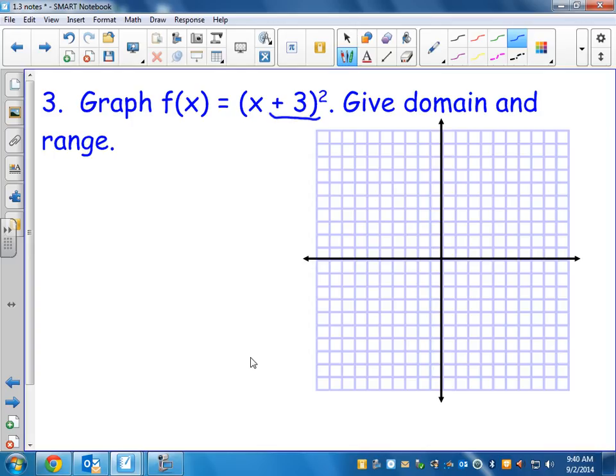It's moving left 3, right? Back 3. So instead of normally starting here, I'm just moving it back 3. If you remember that and you know what the shape looks like, you don't have to make an XY chart. Because normally when you plug 1 in, you get 1. So if I just move it back 3, when I go over 1, I'm still going to get 1.